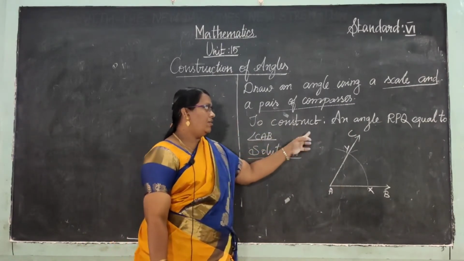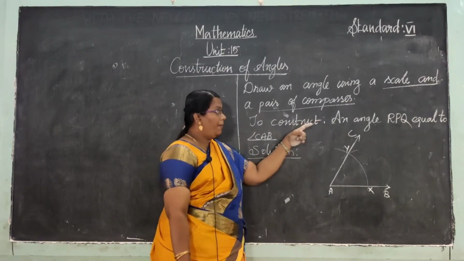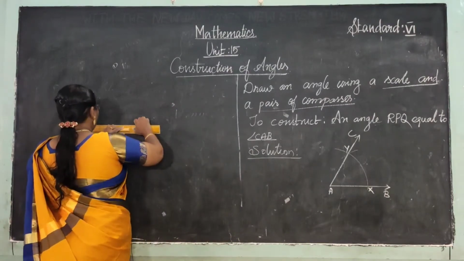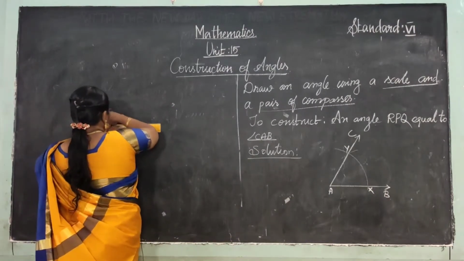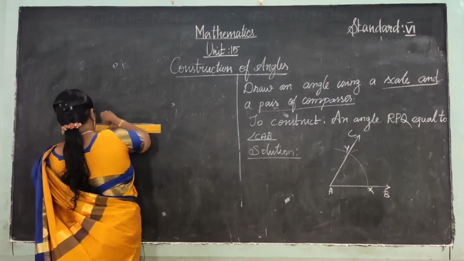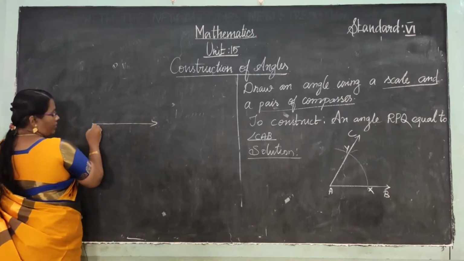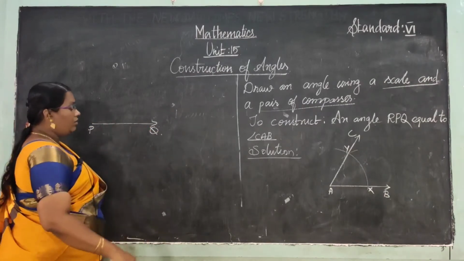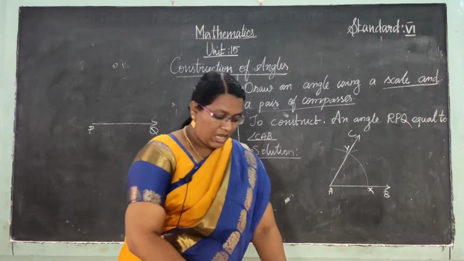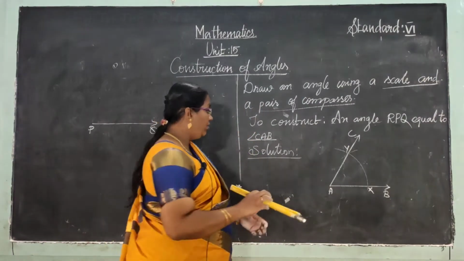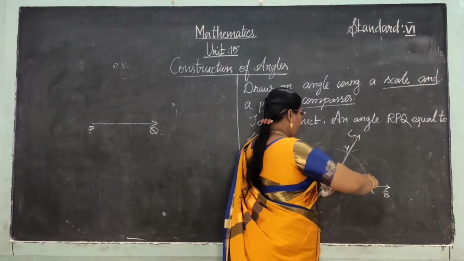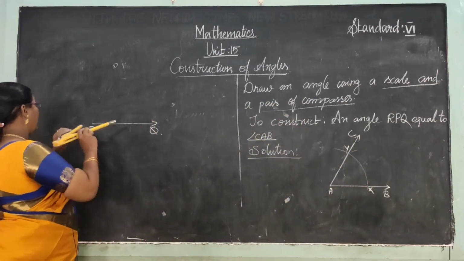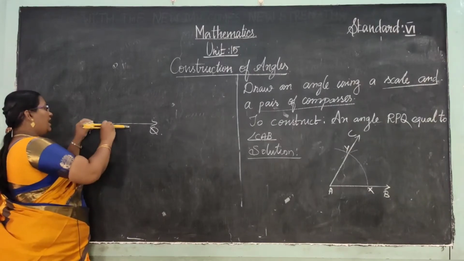Now we draw the angle RPQ. First draw the ray PQ. With center P, using the same convenient radius as the previous angle, draw the arc.